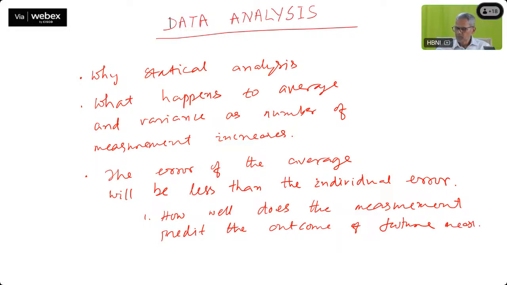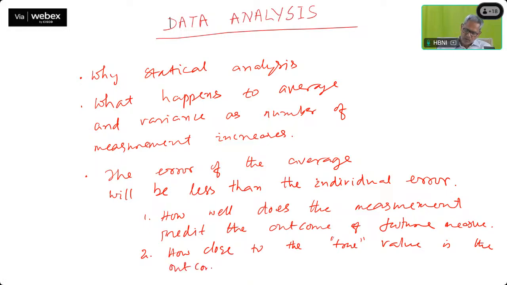This is one point. Then another point: how close to the so-called true value is the outcome of a single measurement likely to be?